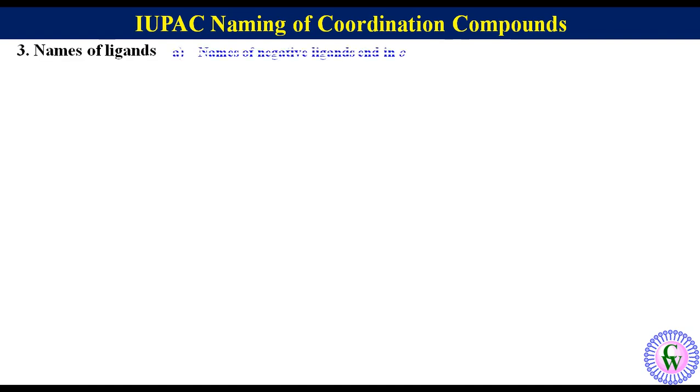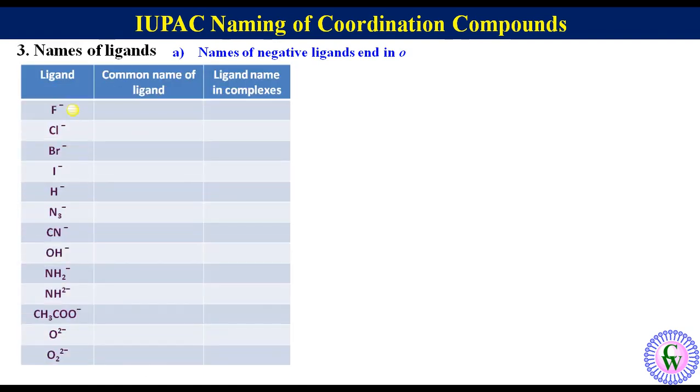Names of negative ligands end in 'o'. For example, F-, Cl-, Br-, I-, H-, N3-, CN-, OH-, NH2-, NH2-, CH3COO-, O2- and O2 2-.